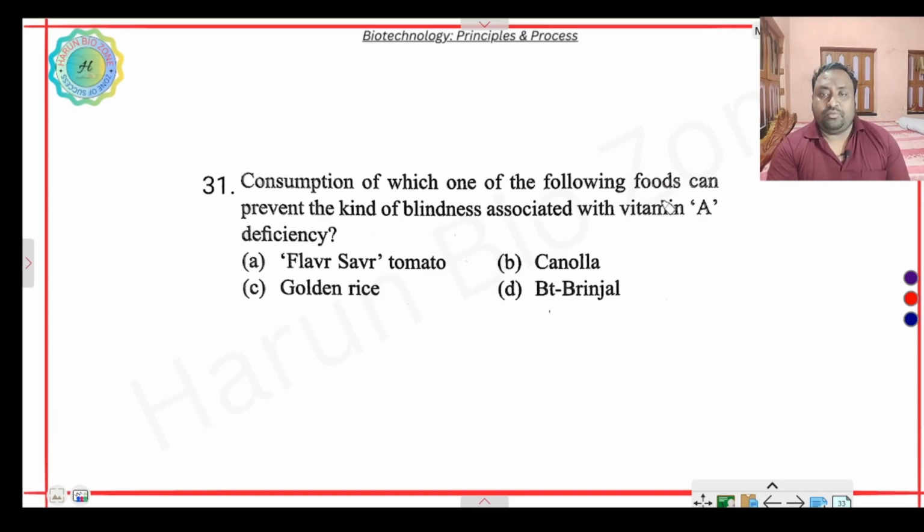Consumption of which one of the following foods can prevent the kind of blindness?